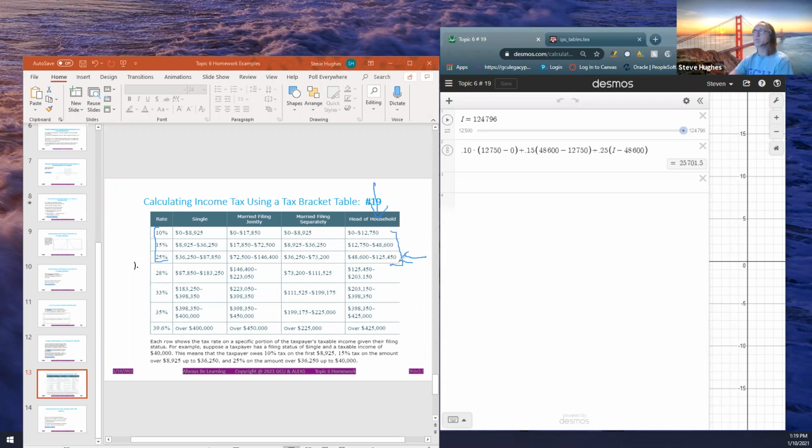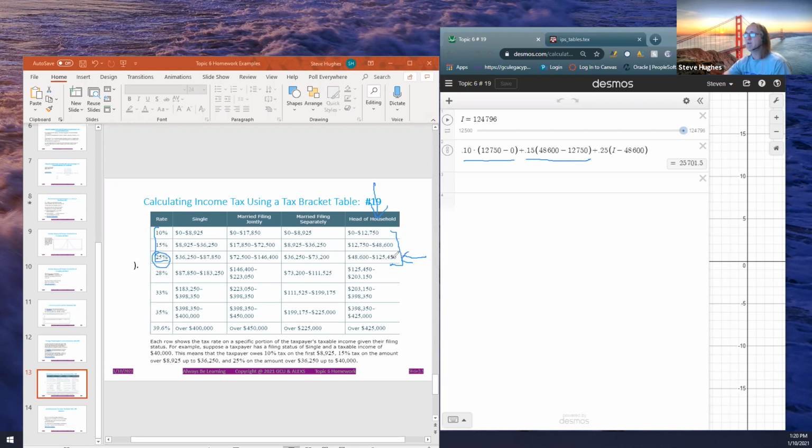These 3 rows. So notice I started right here, 10% of this amount from 12,250 down to 0. That's here in my calculator, 10% of that amount, plus 15% of the amount between 48,600 and 12,750, plus there's my 25%, 25% of the amount above 48,600.